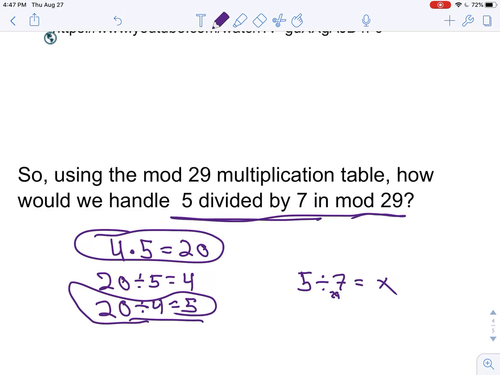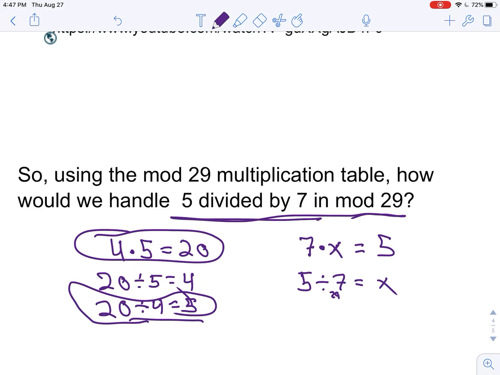It stands to reason then that I could say 7 times some number, 7 times x, equals 5. So if 7 times x equals 5, again, see the relationship, what I've done here, where these numbers all went.